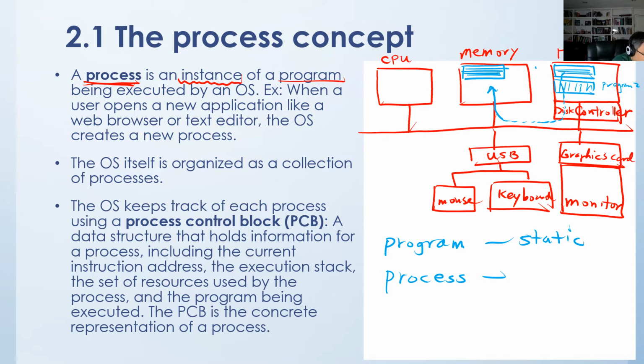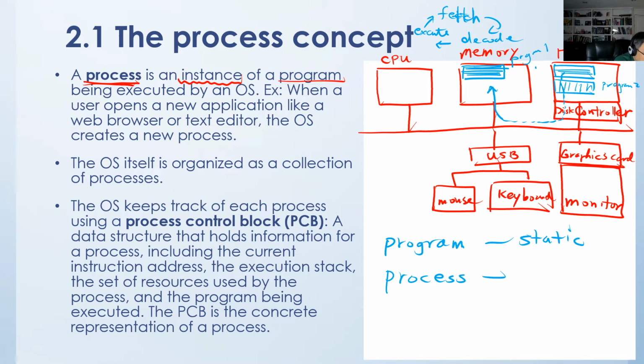Once the CPU is free, it can pick up the instructions in program 1 and start to execute. You go through a cycle called fetch, then the CPU decodes the code instruction, and then executes the instruction.